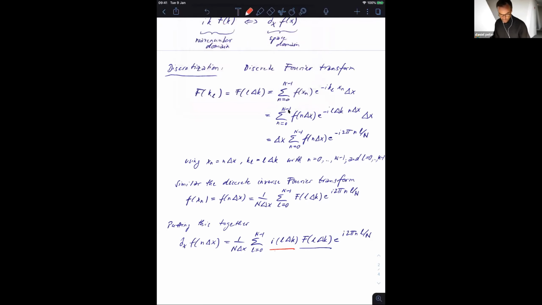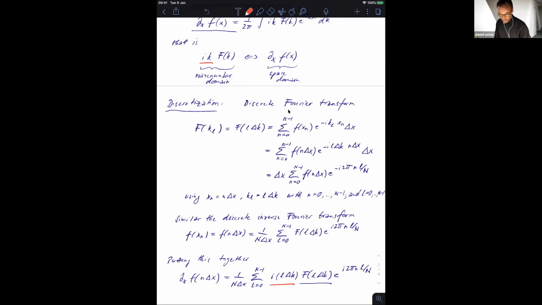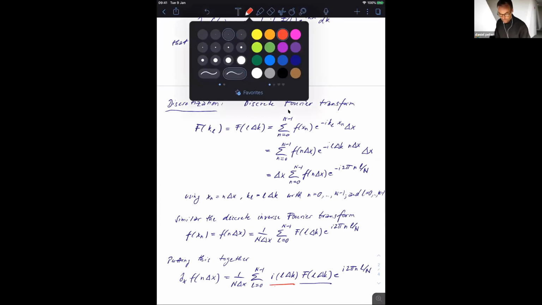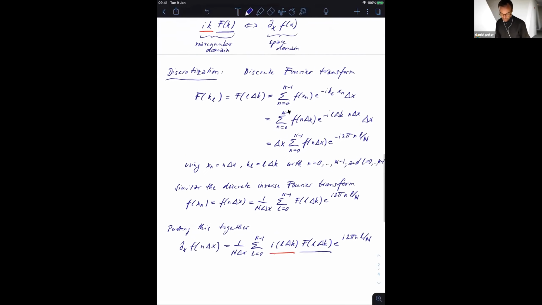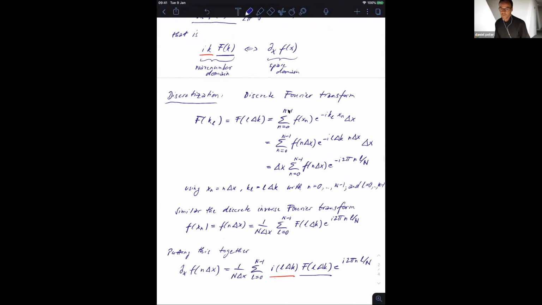So you see how this would look like for the discretized domain. If you want, look at the discrete Fourier transform, which we need to do.